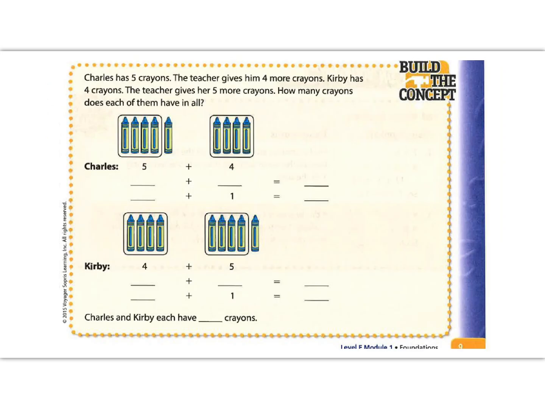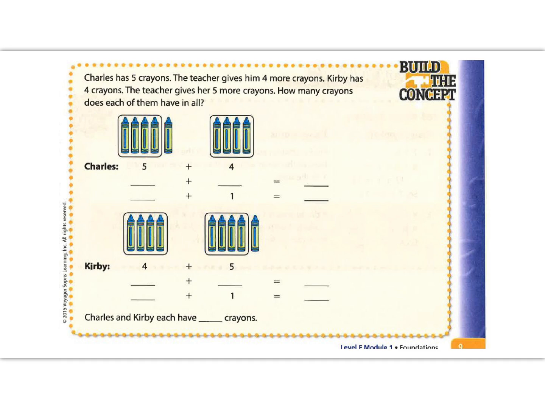All right, this says Charles has 5 crayons. The teacher gives him 4 more crayons. Kirby has 4 crayons. The teacher gives her 5 more crayons. How many crayons does each of them have in all? So Charles has 5 plus 4. Well, we can see that that is 4.